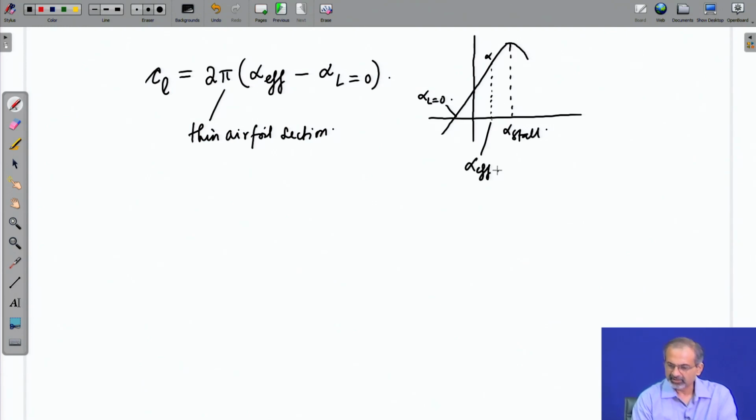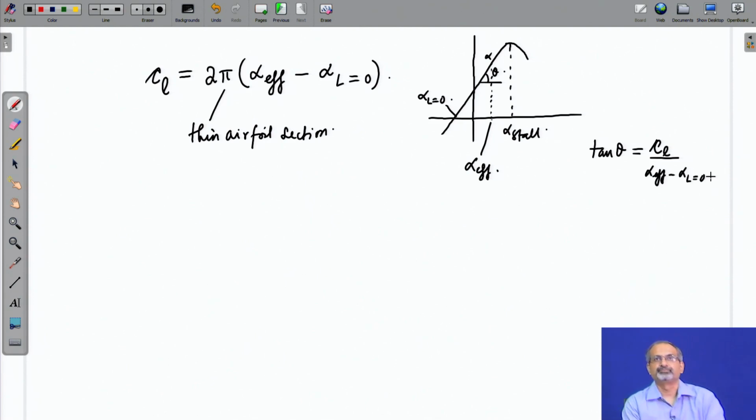This happens to be the effective angle of attack, and if you look at the slope, this slope is given by tan of that angle theta. So, that will be CL by (alpha effective minus alpha L equal to 0).